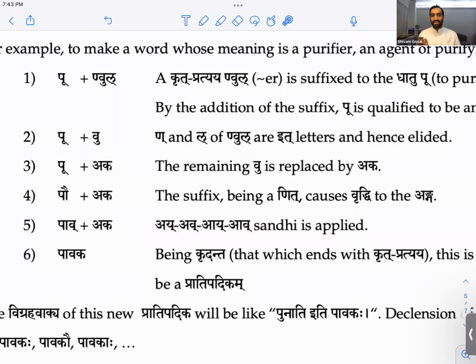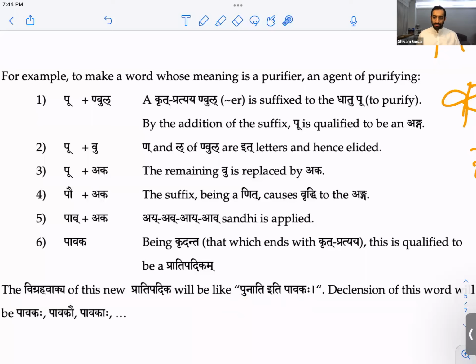Now, being a kridanta, this is qualified to be a pratipadika. So this is a new pratipadika. The vigraha vakya of this new pratipadika becomes punati iti pavakaha. The one who purifies is the purifier. And it'll be declined pavakaha, pavakau, pavakaha, etc.